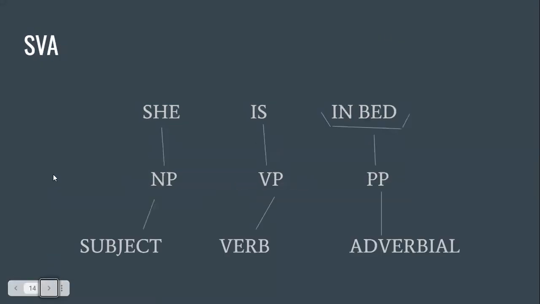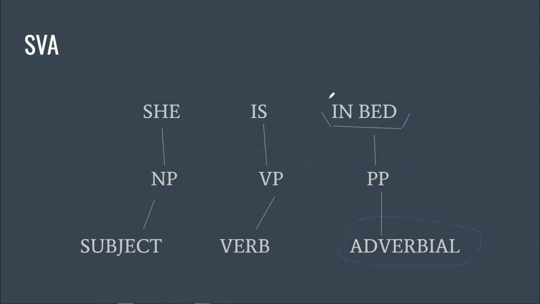Then we have the pattern SVA, right? "She," again a noun phrase acting in the subject position, S. "Is," which is a copular verb and is the verb phrase of this clause, V. And then "in bed," which has a preposition and a noun, which is a prepositional phrase and is acting as an adverbial.